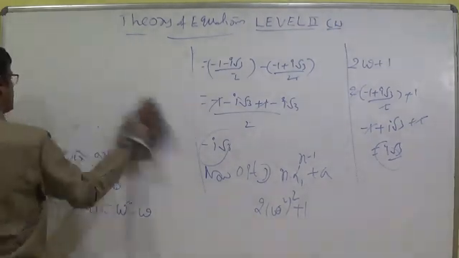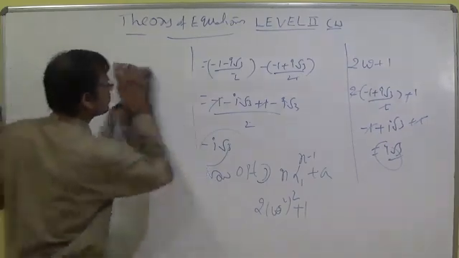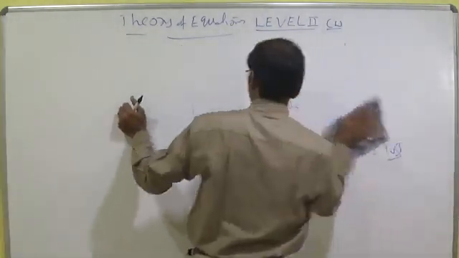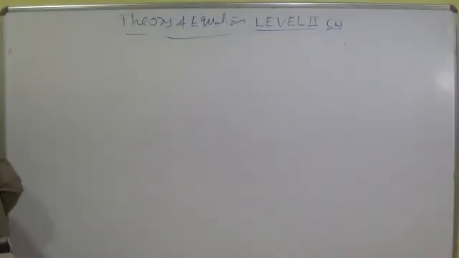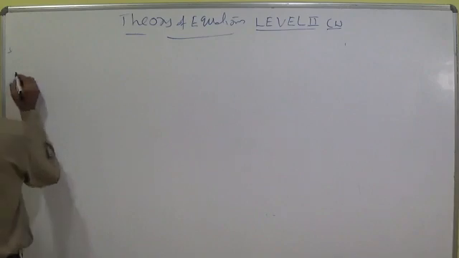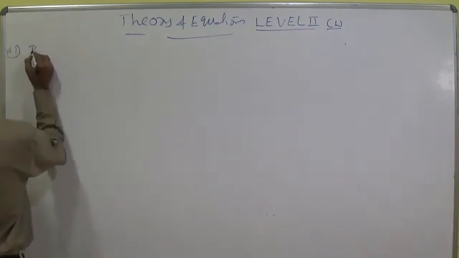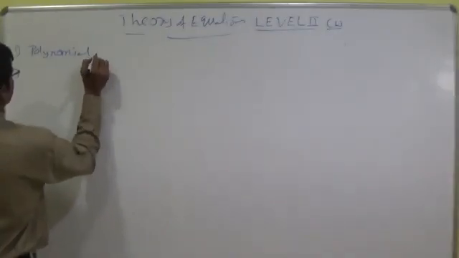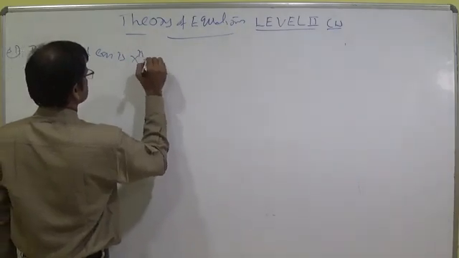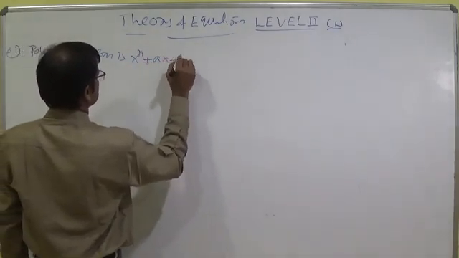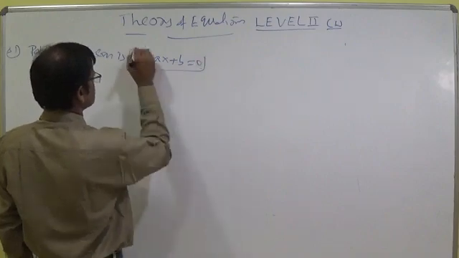So x power n plus ax plus b. The polynomial equation can be written as follows. This is called summation of roots with products. 31st question, polynomial equation: x power n plus ax plus b is equal to 0.